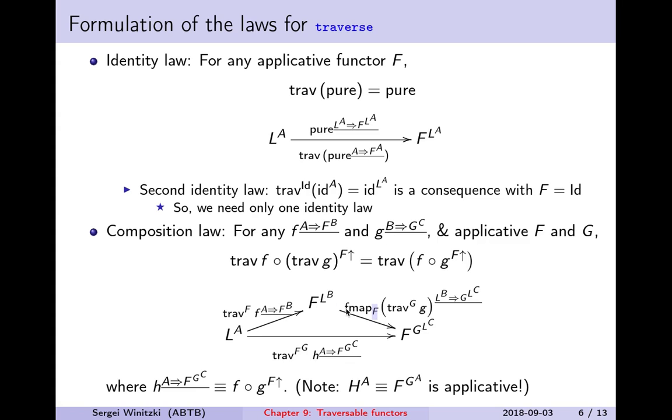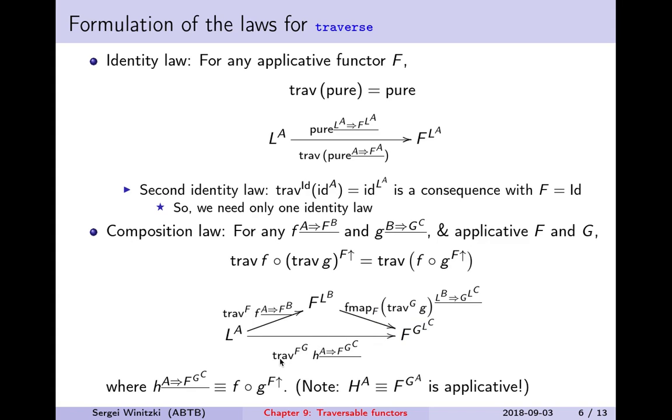Therefore we use fmap of F, and we traverse inside of F using the traverse of G, giving us this value, FGLC.